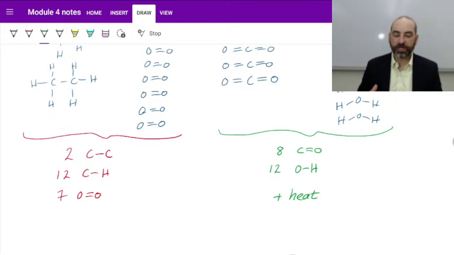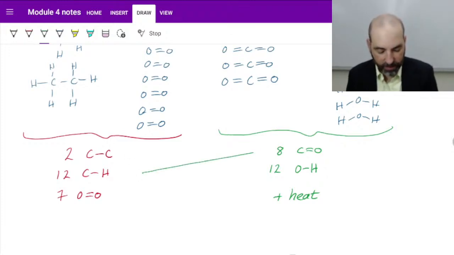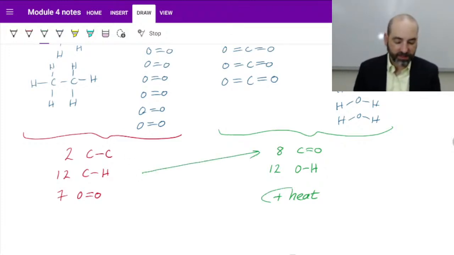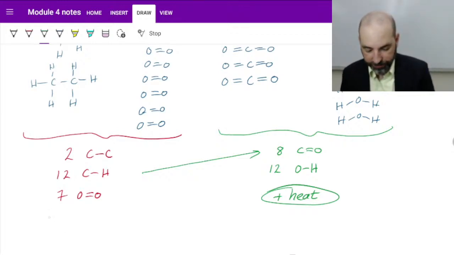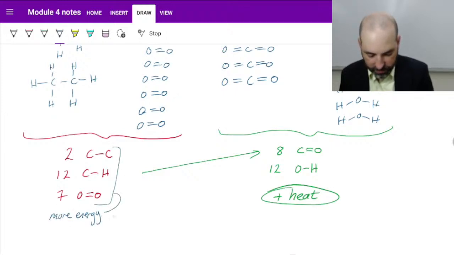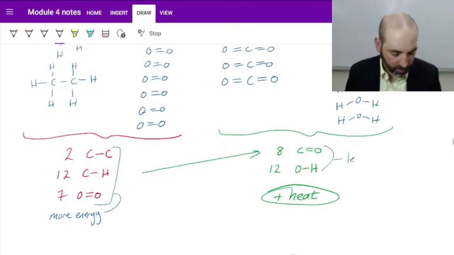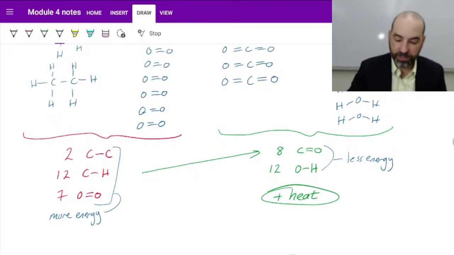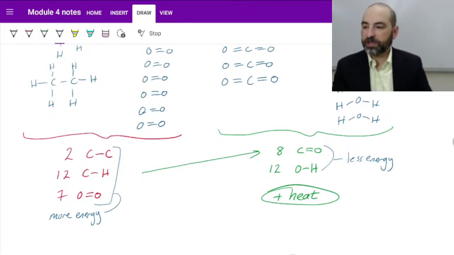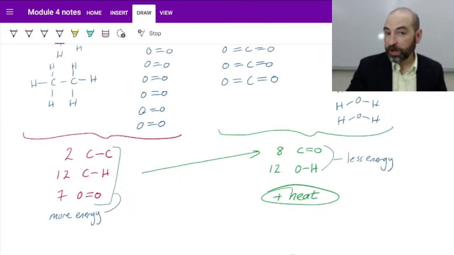They have more potential energy than the ones that we ended with, because if we started with these and we went over and made these, and there was leftover heat, leftover energy, that means there was more energy over here between these and less energy in those, because the rest of it came out here. So we're conserving energy by releasing the rest of the energy as heat. And it's actually quite a big difference.